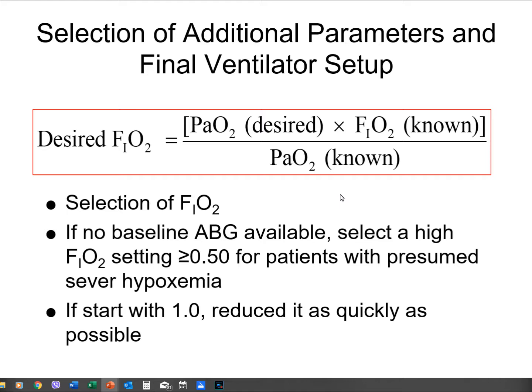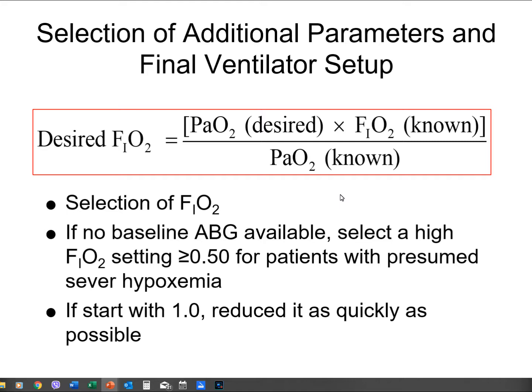Here's a possible test question. Let's say the doctor interprets the blood gas and says, I want a desired FiO2 of 40%.